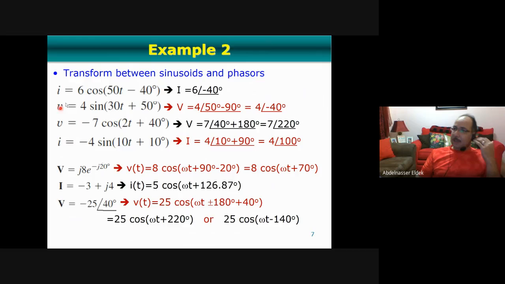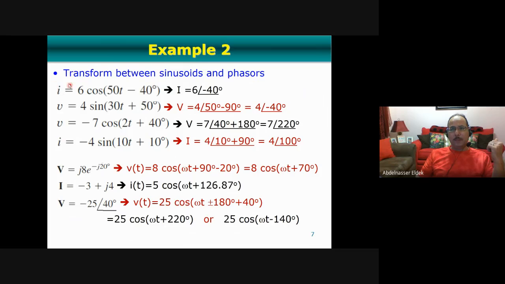This is an example. We need to transform some functions, for example, 6 cosine (50t minus 40). If you want to convert it, the amplitude is 6 and the phase is negative 40. That's it, 6 and negative 40.